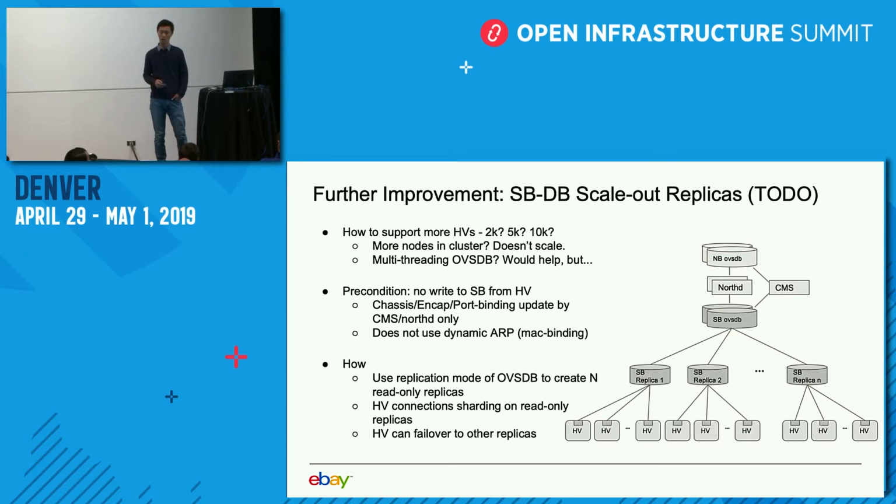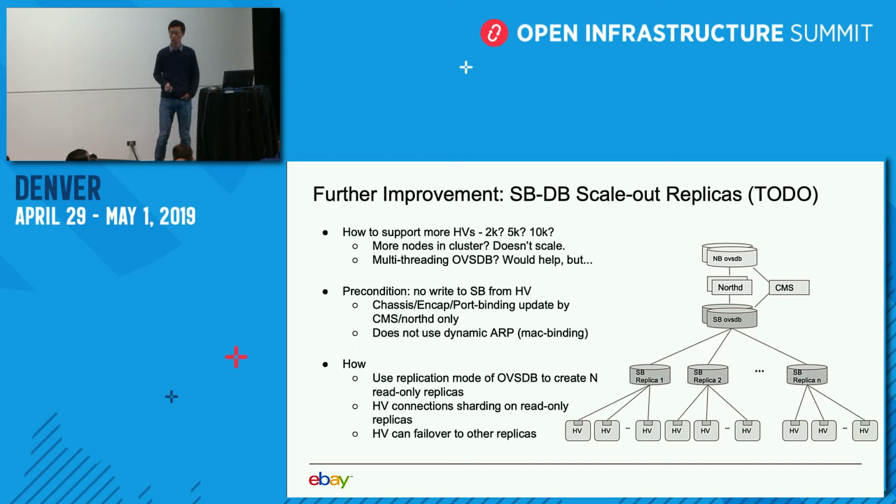Another thing is to add multi-threading support to OVSDB. Of course, this is the right thing to do. It will help, but there are a lot of reasons it's not easy, and it won't solve the end problem, because even with multi-threading, you still have a limited number of cores in the server, so in the end, it won't scale out.